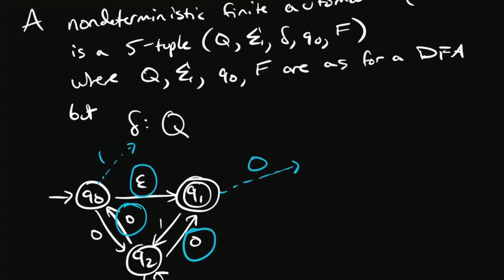The second one is the thing that can appear on the transition labels. Well, what can appear again on the transition labels? It could either be something from the input alphabet sigma or epsilon. Well, how can I include epsilon into a set? So sigma is a set, remember? How can I include epsilon into a set?